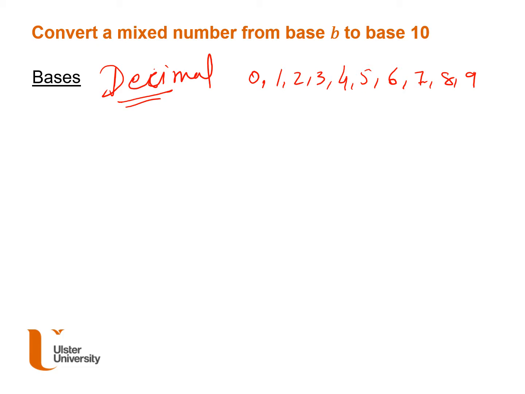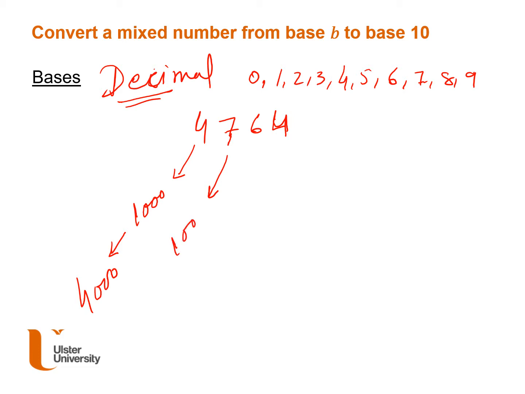In that number system, every digit has its weight according to its position. For example, if we have 4764, the weight for this 4 is, let's say, 1000. It's making 4000. Weight for 7 is 100 according to its position, and it's gonna make 700.